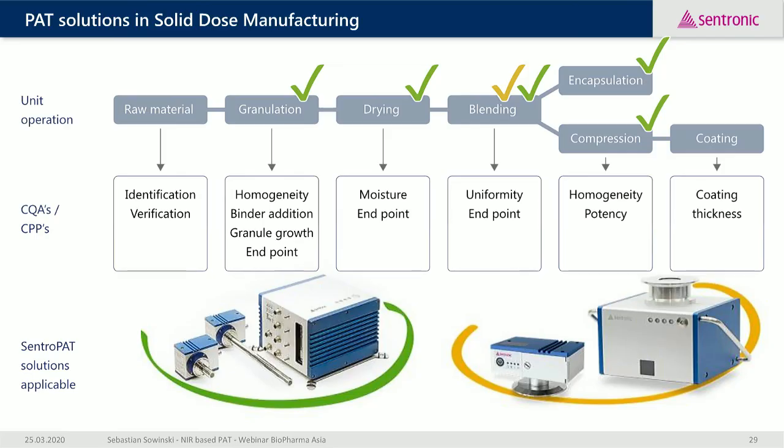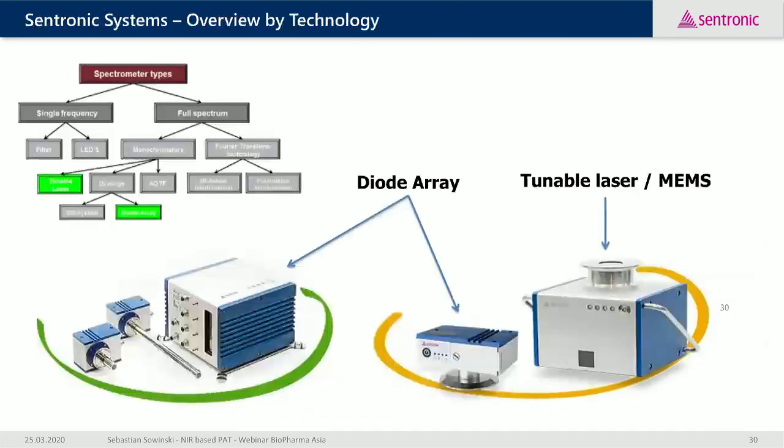Last but not least, the final step within a typical production line where we are active is compression or encapsulation. Again, here the homogeneity is a matter of interest, a critical parameter for the product. The last step shown here is the coating process, and the CPP is the coating thickness. This is a field where we are not active yet.